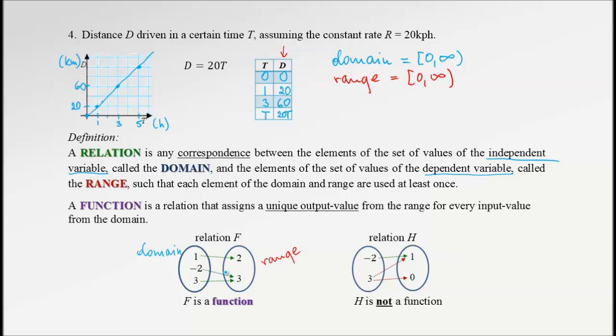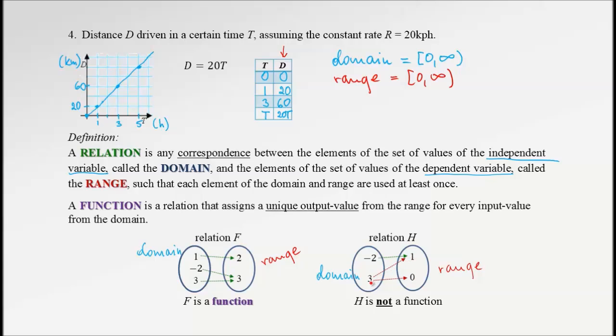The fact that we have two arrows pointing out to the 3 doesn't contradict the definition of a function. Yes, we may have the same values for different inputs, but we can't have two different values for the same input. So let's look at the relation H. Again, domain is here and consists of 2 points, -2 and 3, and the range consists of 2 points, 1 and 0.